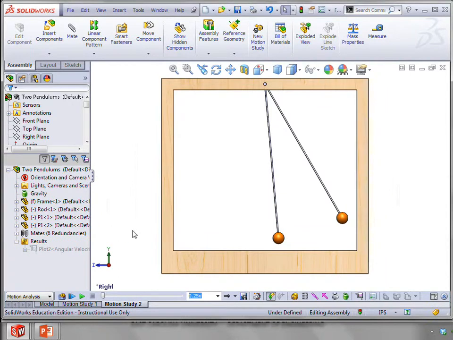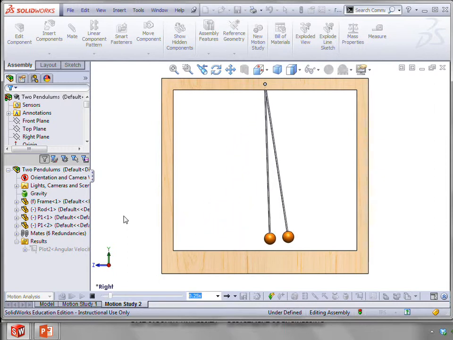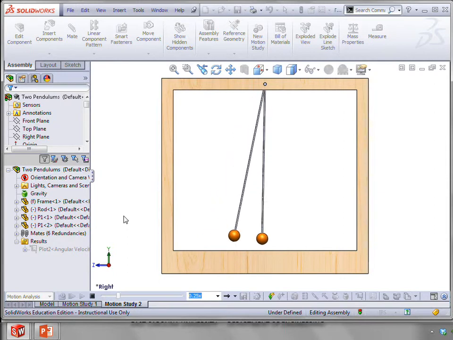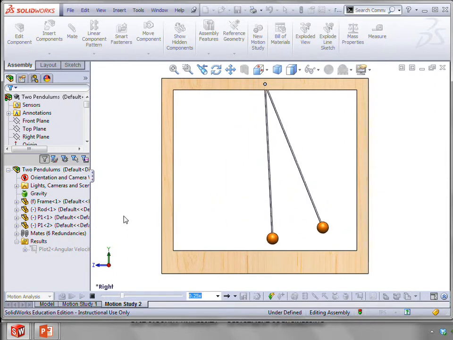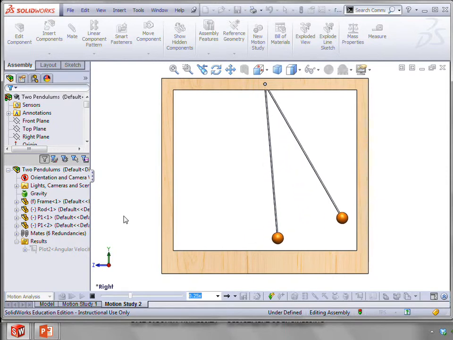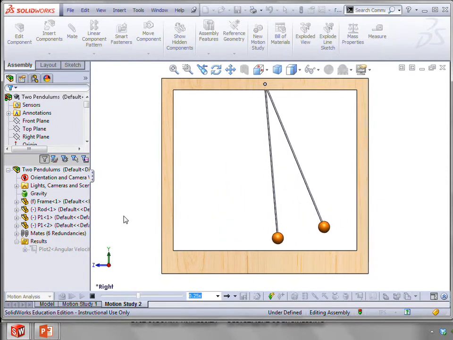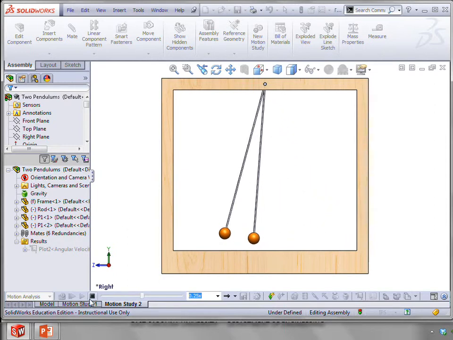If I make this one, instead of dropping from 10 degrees, drop from 30, again at the beginning it seems like we have exactly the same thing, that the period does seem to be, if not identical, at least close. You can see we get a little bit of error as we run out further. They're not crossing when they're exactly vertical anymore.